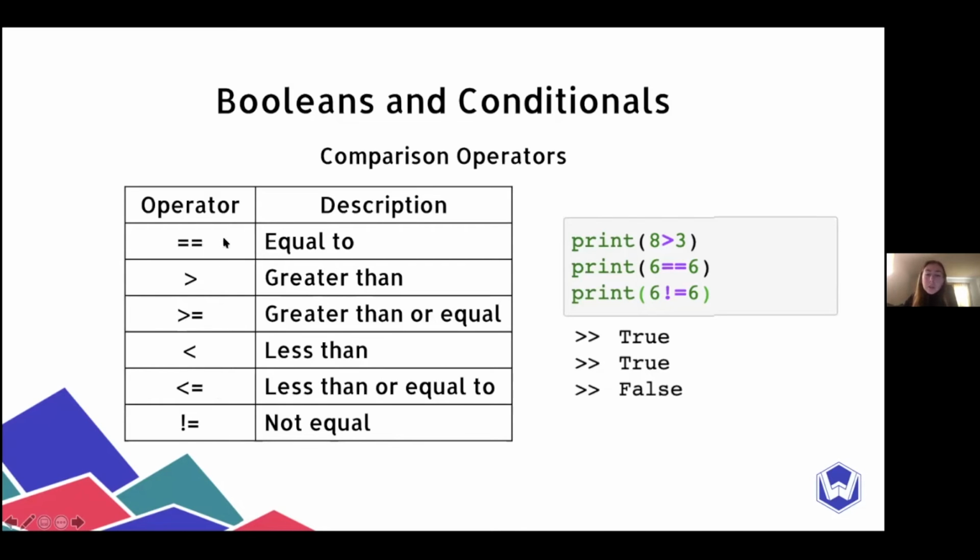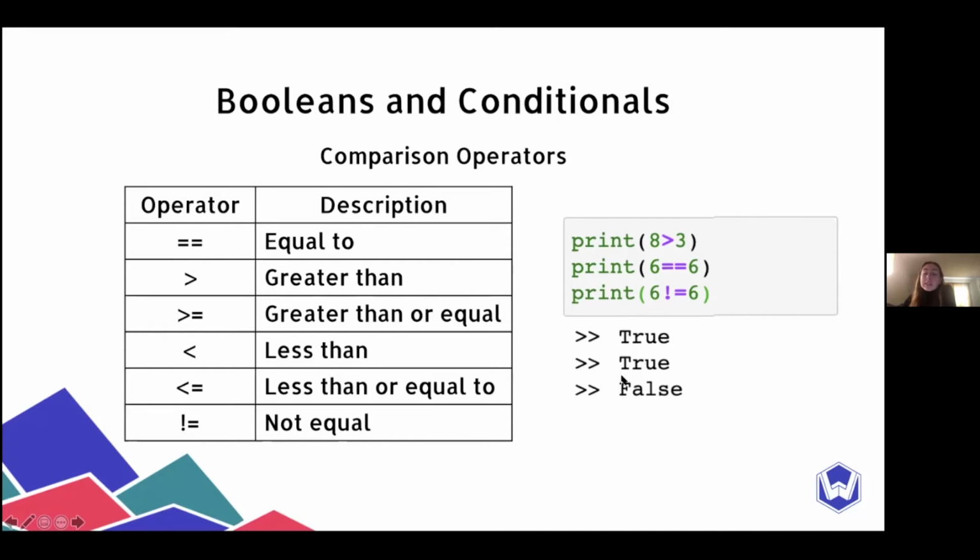But the equal to is a double equals, and that's pretty important to remember. I think a lot of beginners tend to forget and just do a singular equals. And remember, Python would interpret that as setting something equal to a value, not comparing them to see, are these two numbers equal? And then the not equal, I think it's less confusing, but just in general, that's an exclamation point and an equal sign in Python.